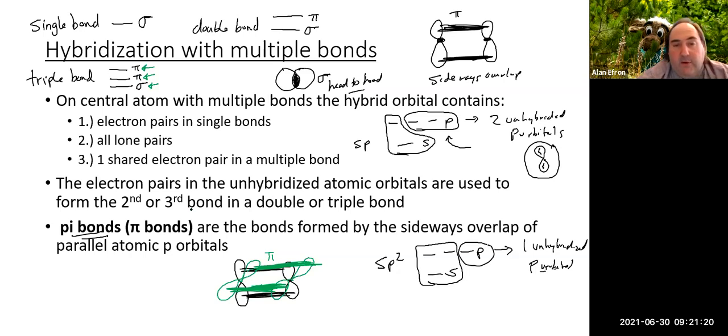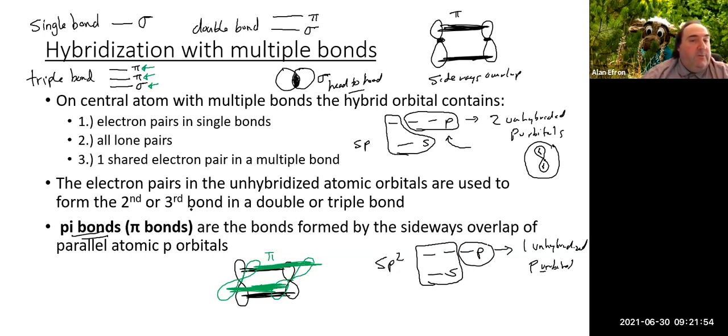So let's see here. Let's also talk, and we're going to do some examples of this in a second, about, since we're talking about double bonds, triple bonds, and single bonds, and we've talked a little bit about non-bonding electrons and bonding electrons and how hybridization accounts for that, let's talk about what happens when we get to our expanded octets.